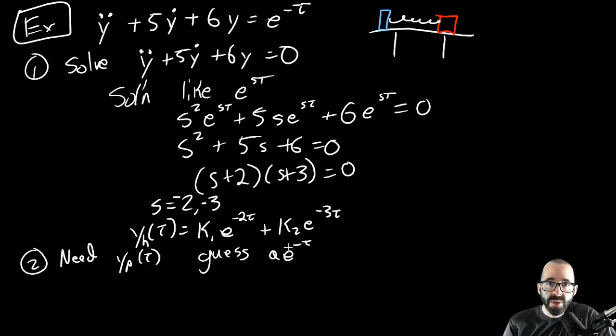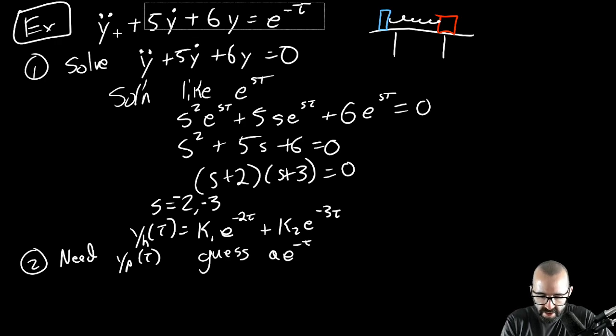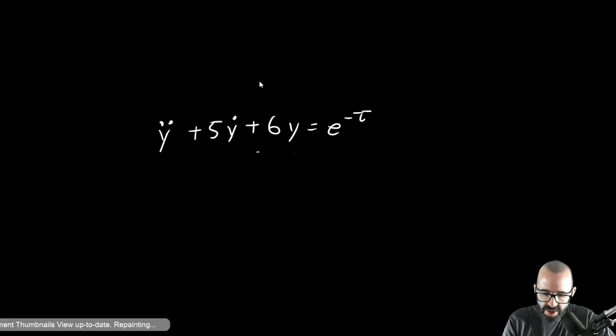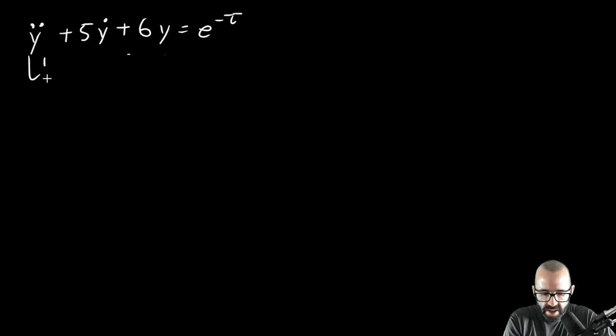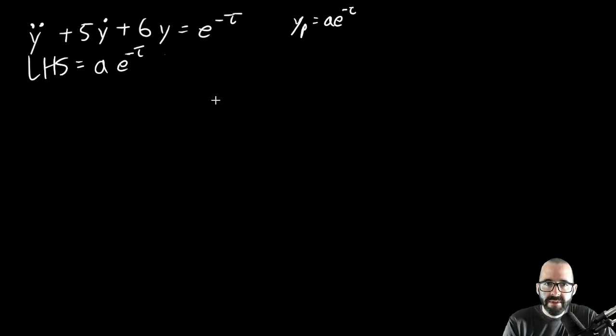Well, if it does, what needs to be true? Then the left-hand side of our equation, and I should really start this on the next page, huh? Right, this is our differential equation, and if that needs to be true for us to have a solution, then the left-hand side, if we're guessing our particular solution is a e to the -t, left-hand side will be the second derivative of this, which is just a e to the -t, right?